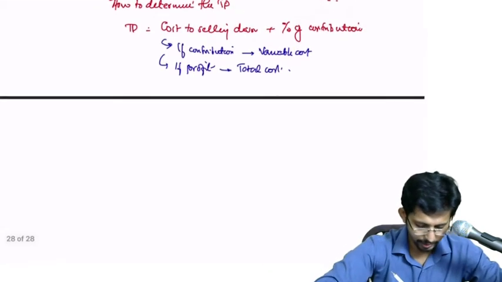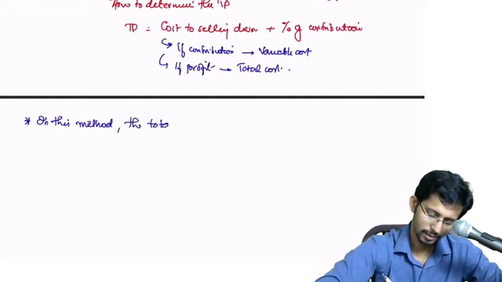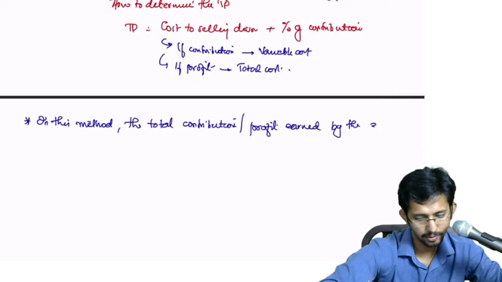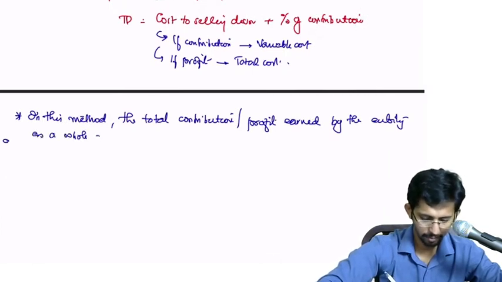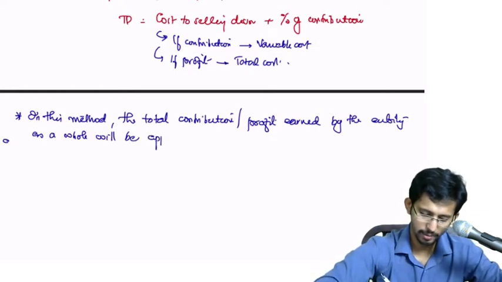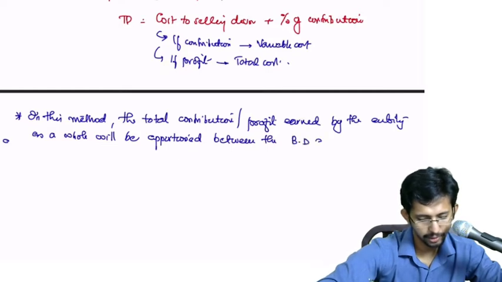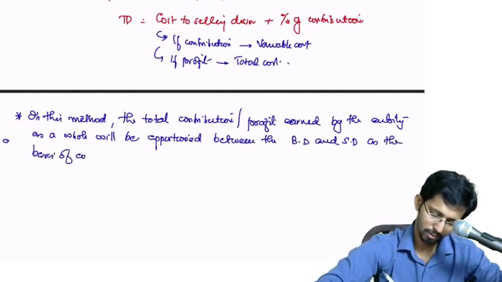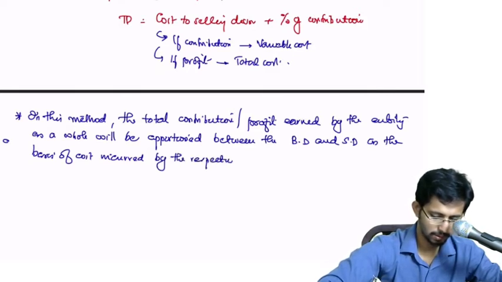Okay, so you can write, in this method the total contribution or profit earned by the entity as a whole will be apportioned between the buying division and selling division on the basis of cost incurred by the respective division.